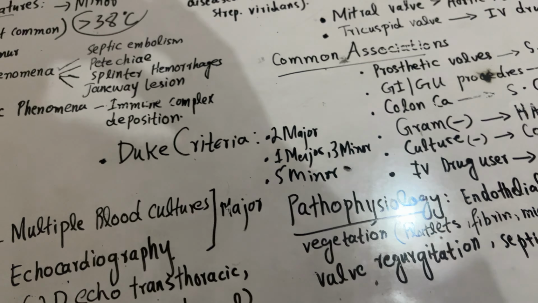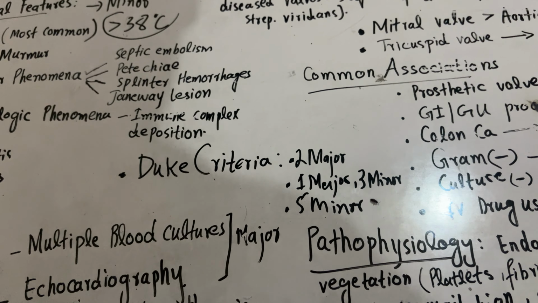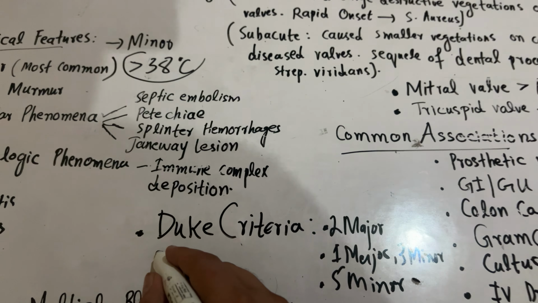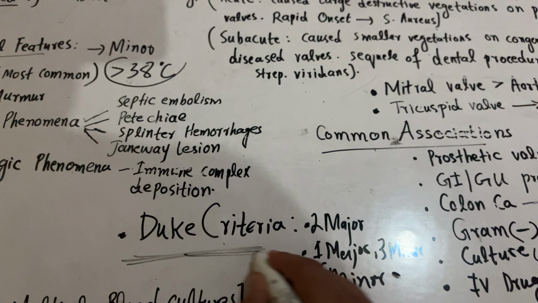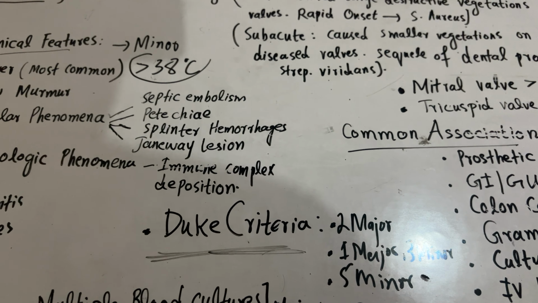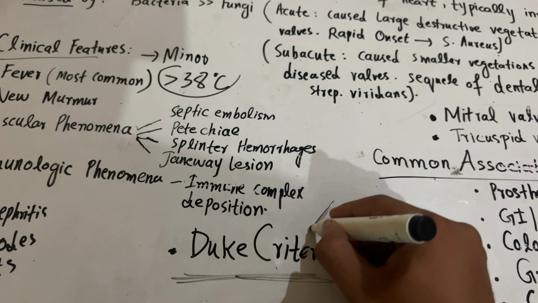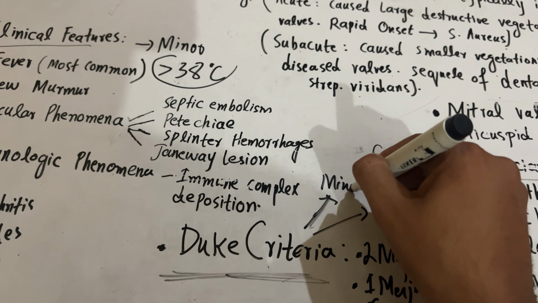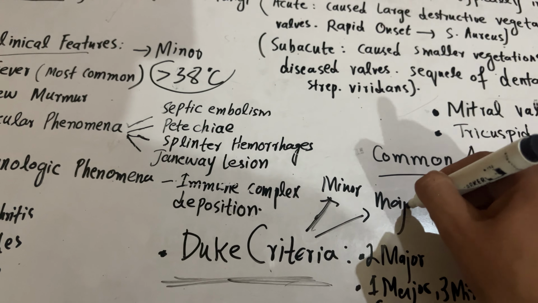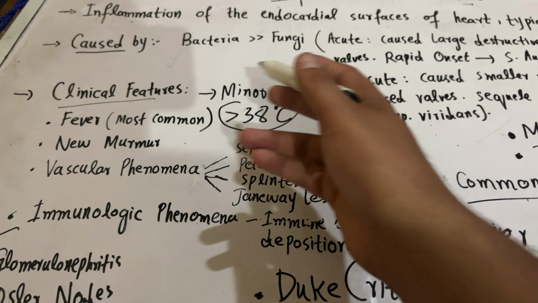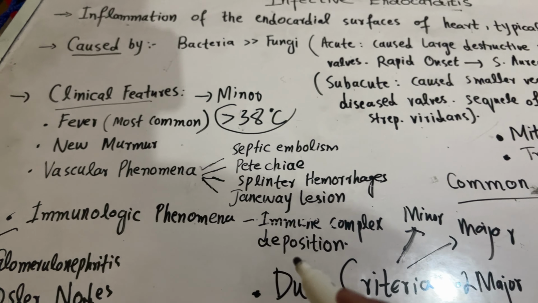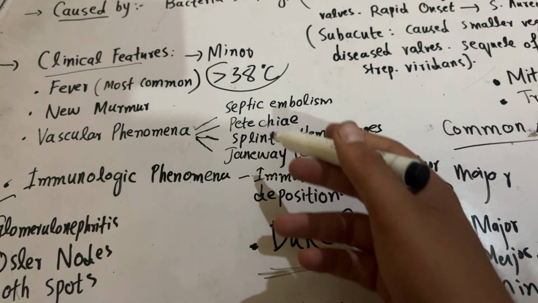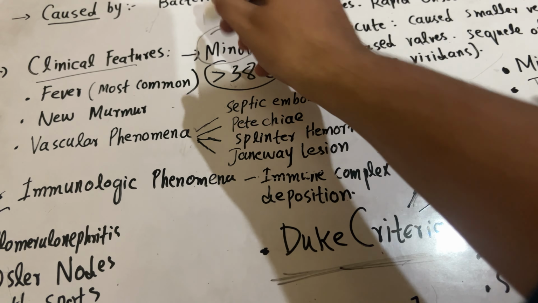Now, how do we diagnose infective endocarditis? There is a clinical criteria called the Duke criteria. The Duke criteria has two types of scores: minor criteria and major criteria. As we discussed, the clinical features of infective endocarditis are included in the minor criteria.